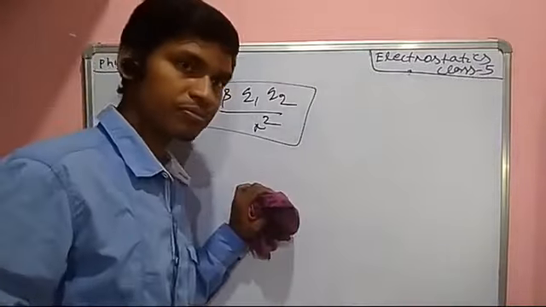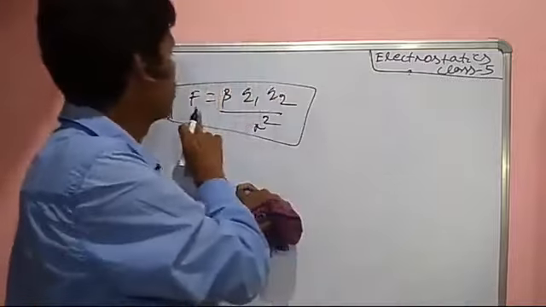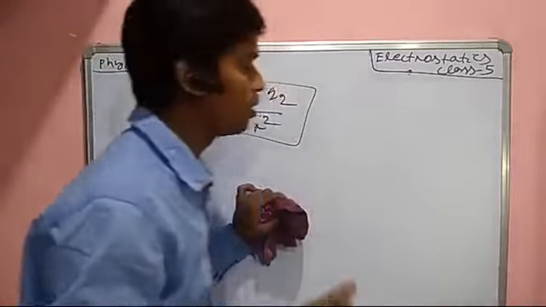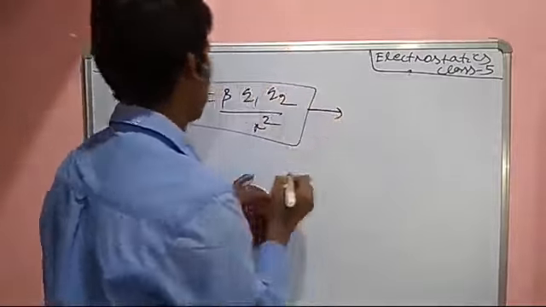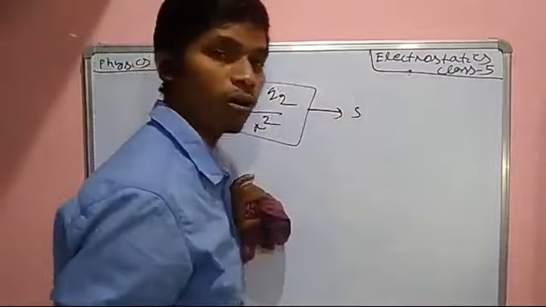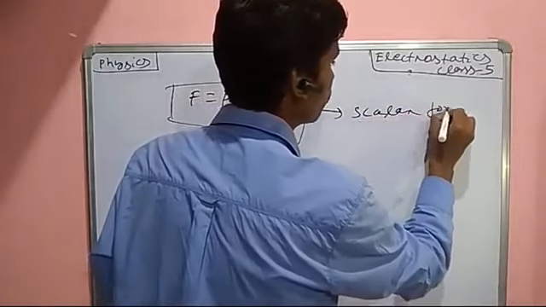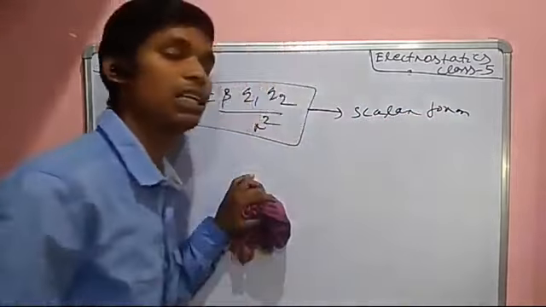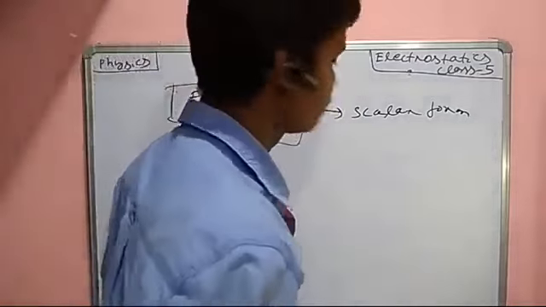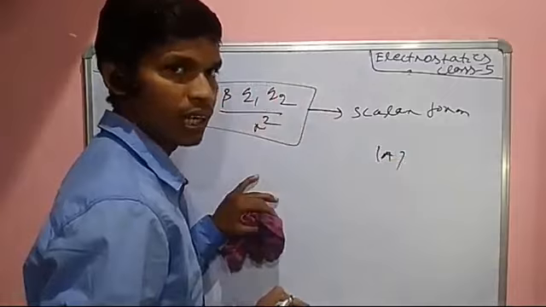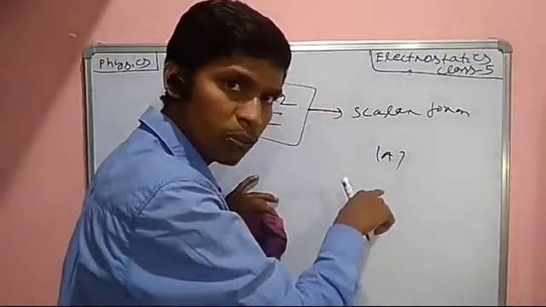Here we already know F is equal to beta Q1 Q2 by R square, expressed by Coulomb's law. This is the scalar form of Coulomb force. But we have to convert it to vector form. How? We know A magnitude is the scalar form.